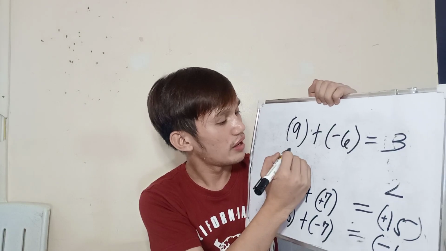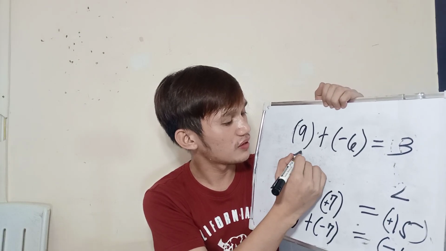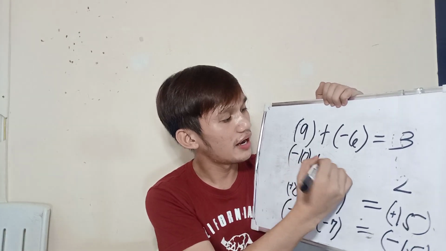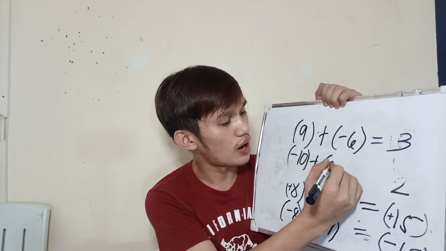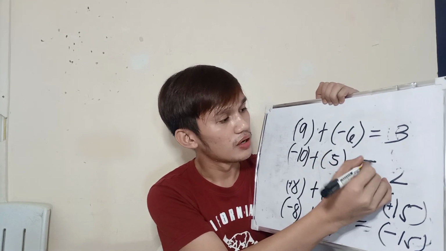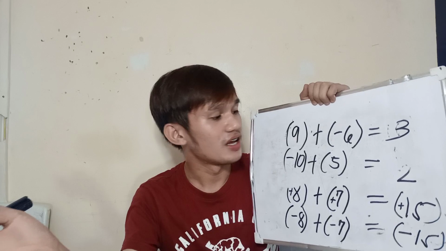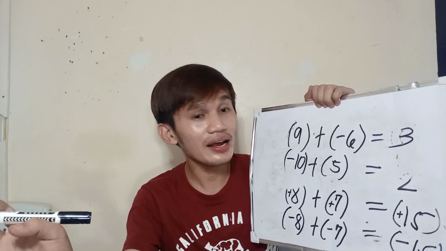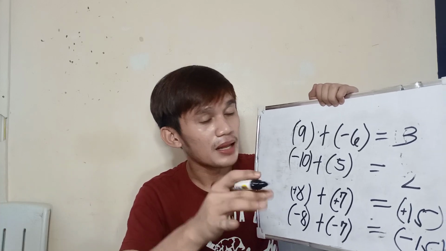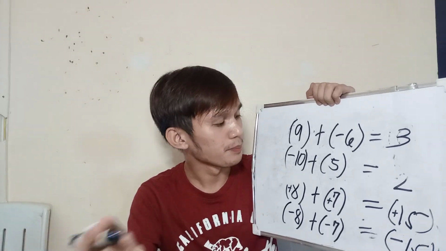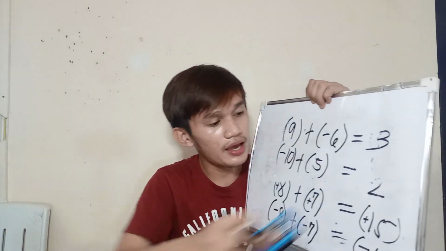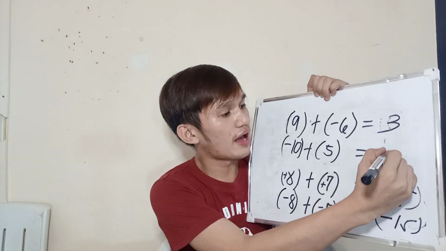Okay? So, how about a negative 10 added to a positive 5? They are different sign. So, different sign, subtract: negative 10 plus 5. So, you're going to subtract them. 10 minus 5 is 5.